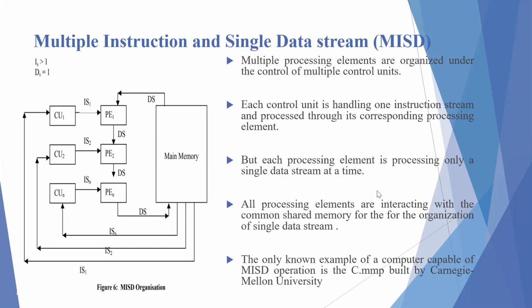It is a very complex architecture, having multiple control units in parallel and multiple processing elements taking those control signals, operating on common data. It is difficult to implement. So the only known example of such a computer is the C.mmp.